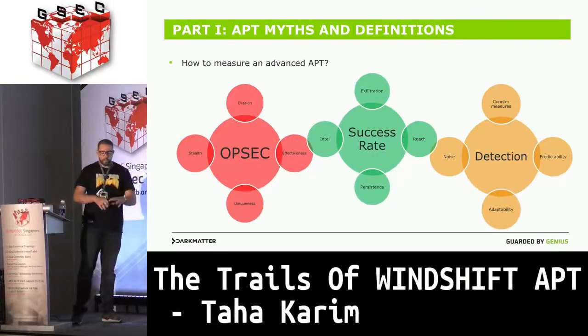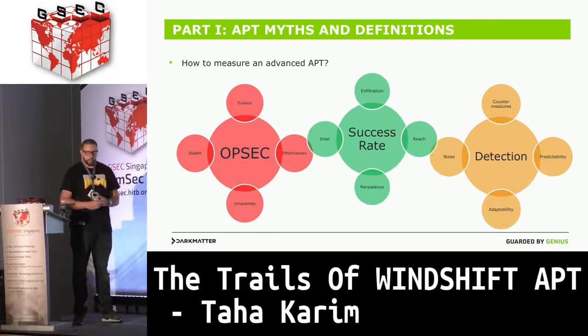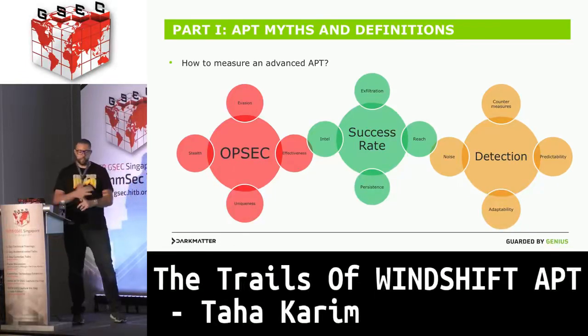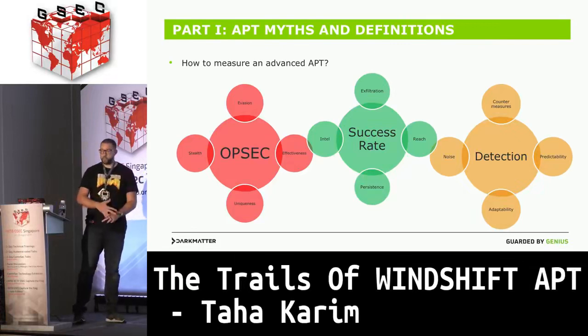Also, I came up with this diagram, which I use to measure if an APT actor is advanced or not. We have three things: the OPSEC, success rate, and the detection. OPSEC is obviously very important, and it is something we can measure an APT with.